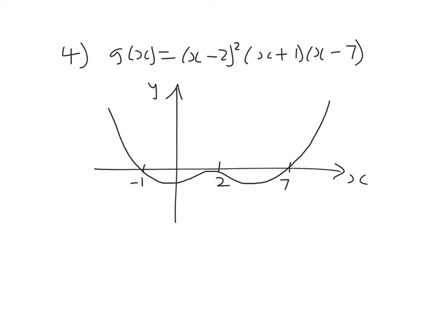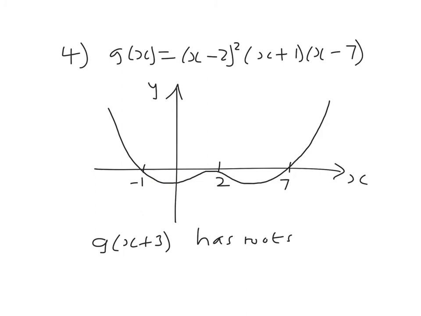Now in part B, we've got to write down the roots of g of x plus 3. Write down means it's easy. So the whole graph is translated 3 units to the left. So the roots are going to be 3 less than what we've got here.